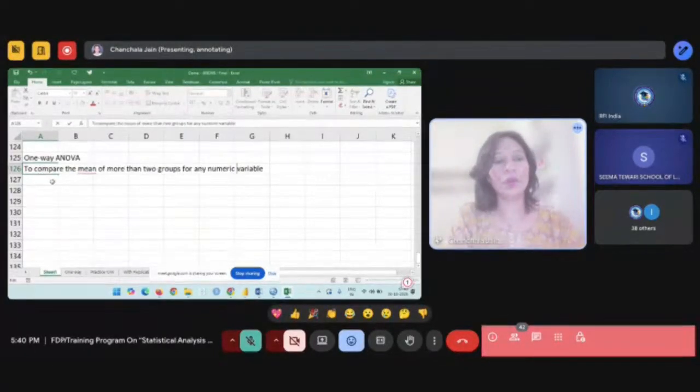So if I talk about the variable requirement for one-way ANOVA, I think this will give you a better picture or understanding.